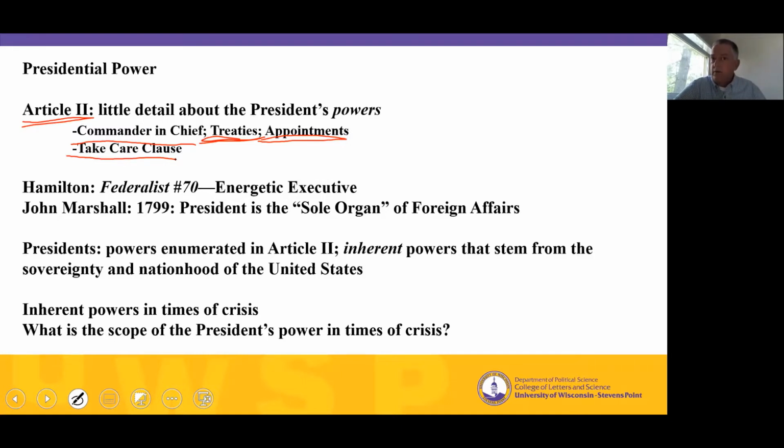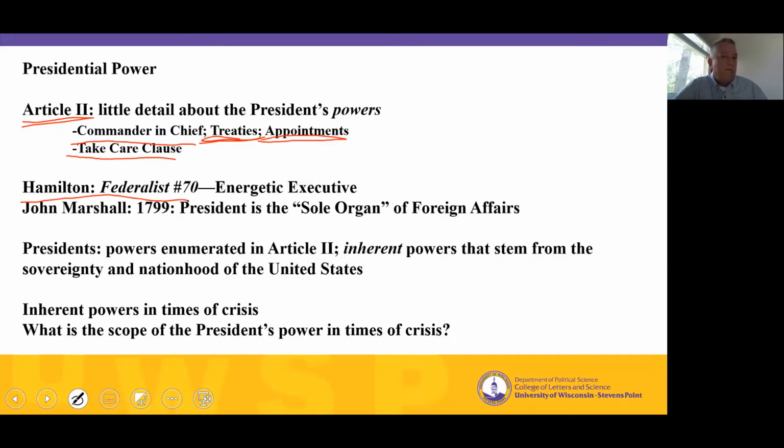Another argument, and we'll talk about Alexander Hamilton in just a second, because he's the one who gives us this approach, is that Article 2 is intentionally vague, so the powers of the presidency can be somewhat flexible. Now, Alexander Hamilton, he wrote Federalist Paper number 70, among other Federalist Papers.